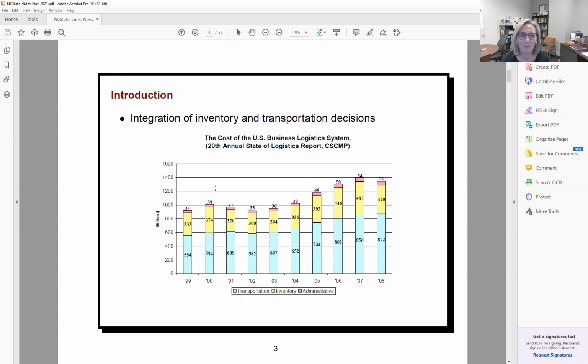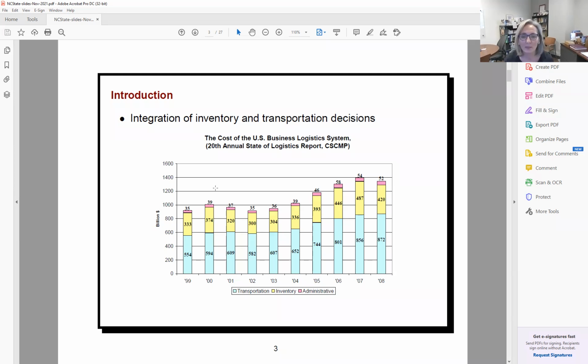And if you look at the numbers in 2019, 2020, 2021, the total cost right now is at 1.6 trillion, another 15% growth in the last decade as well. So there is tremendous opportunity for cost savings if you consider the dollar values via careful coordination of inventory and transportation decisions, via integration of inventory and transportation decisions, via explicit consideration of the impact of transportation practices on inventory decisions.